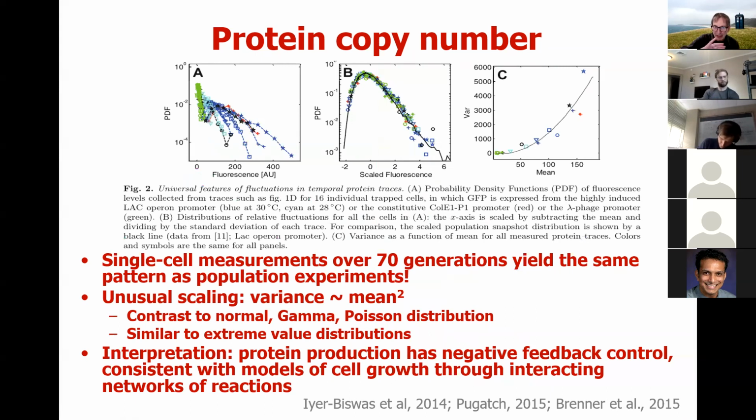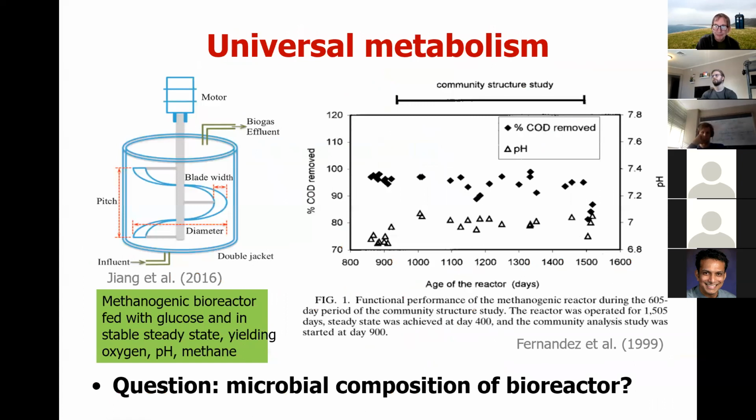Okay, so this is an advanced topic. I'm not going to have time to go into it, but just by observing these universal scalings in cell biology, one can then learn something about the large-scale way of describing such a system. Here's another example that I like, and this is you take a methanogenic bioreactor fed with glucose.